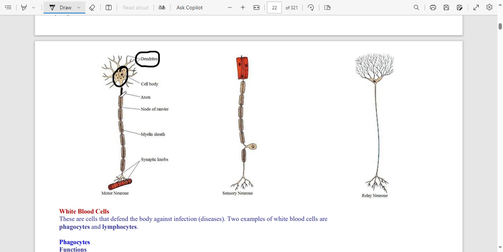And then this long thing that you can see here is what we call the axon. And then these axons are going to have a myelin sheath. This is the myelin sheath. Now between myelin sheaths, there is a little space which we call the node of Ranvier. And then at the end, that's where I've got the synaptic knob that is attached to a muscle.